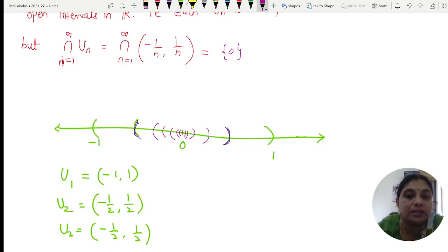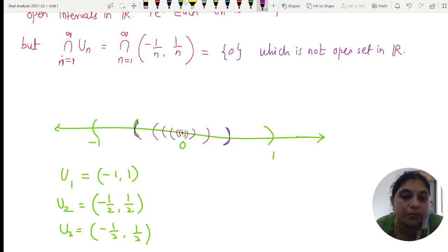And we know that singleton {0} is not open in R. Singleton sets are not open in R with respect to the usual metric, because you cannot have an open ball totally contained in that singleton set.